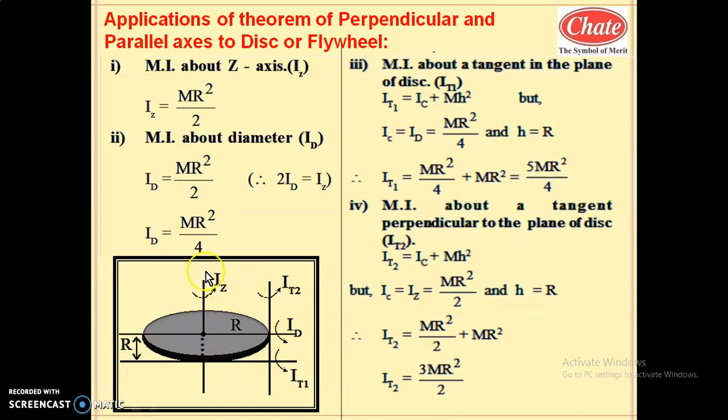And as this is mr square by 2 plus mr square, that will be the moment of inertia here. So mr square by 2 plus mr square, that is 3 by 2 mr square. So student, you have to remember this formula, or wherever required you should be capable of obtaining it by applying the simple perpendicular axis theorem and parallel axis theorem.